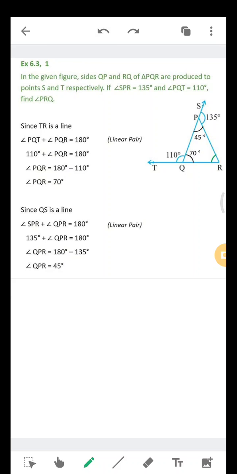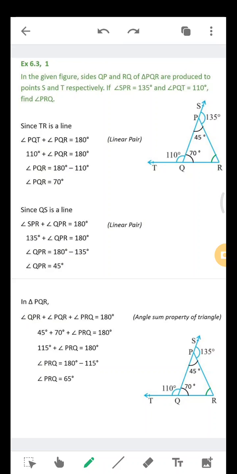Now we'll use angle sum property for this triangle PQR. Sum of the angles of a triangle is 180, and find angle PRQ, that is our required angle. What are the three angles in this triangle? QPR, PQR and PRQ. So I have taken all three angles, that is equals to 180 degrees, that is angle sum property.